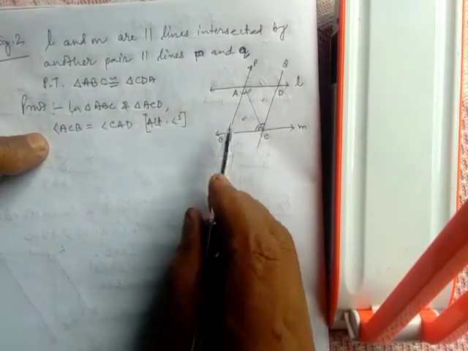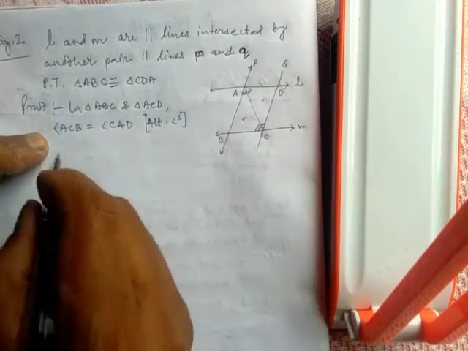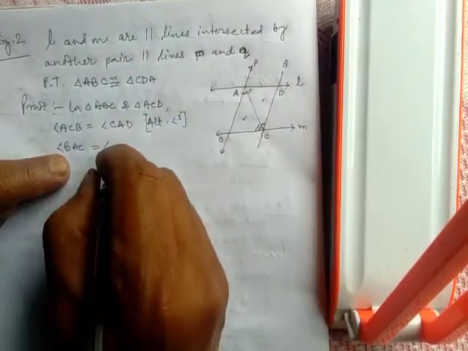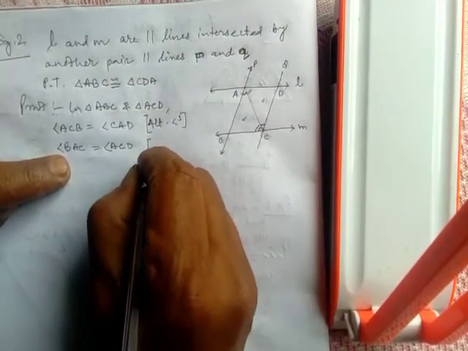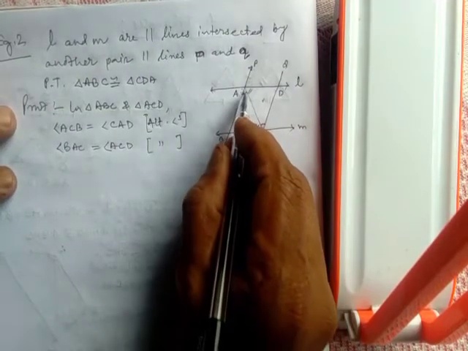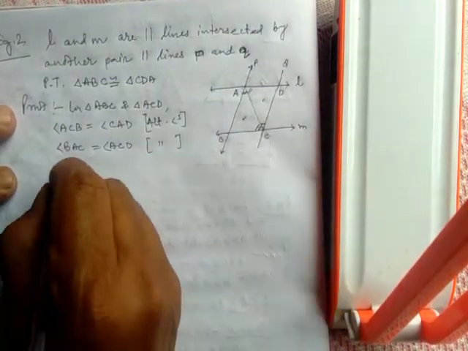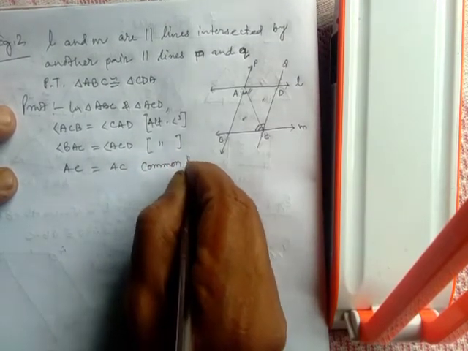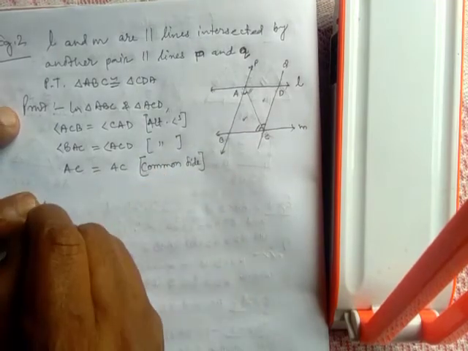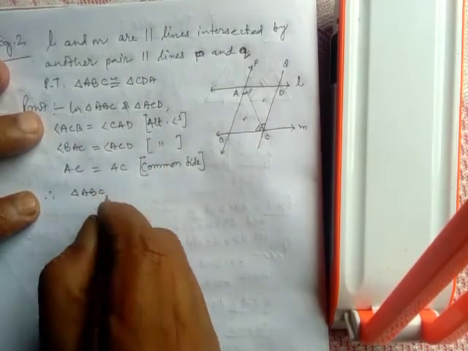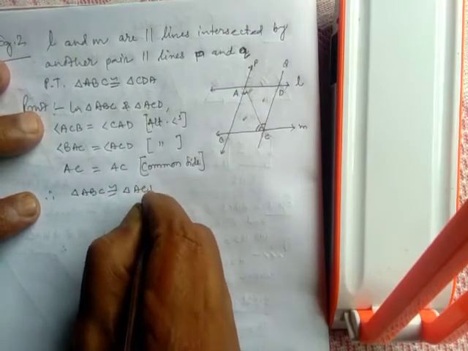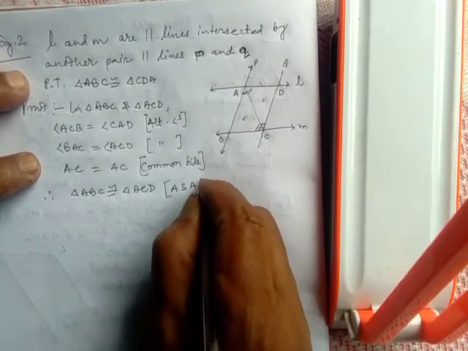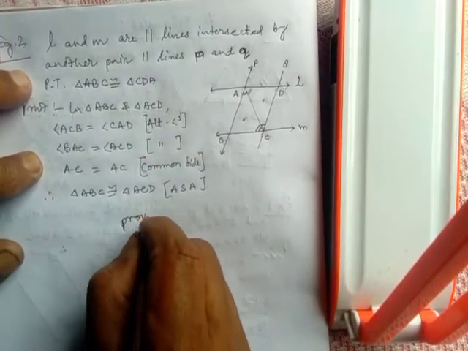Next, angle BAC is equal to angle ACD, this is also alternate angles. Then AC is equal to AC, common side for both triangles. Therefore triangle ABC is congruent to triangle ACD by what? Two angles and one side. Angle, side, angle. Proved.